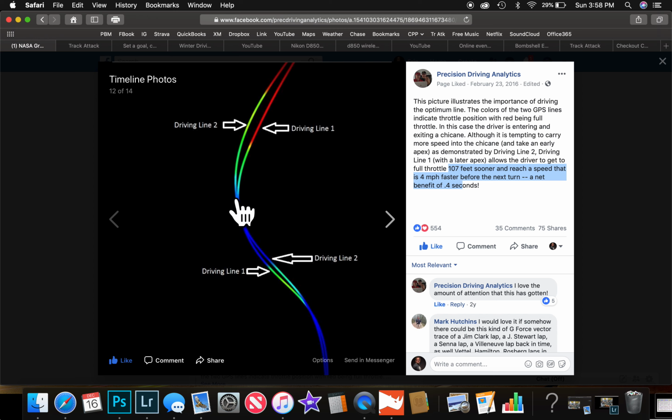He early apexes, runs out of room, can't go to throttle, because if he did, in the same spot, he'd be going off track, right? He'd be going off track and in the grass or in the weeds or whatever's over there. So he has to wait. How much? 107 feet, a third of a football field, and wait to go to throttle, and that cost him 4/10 of a second.